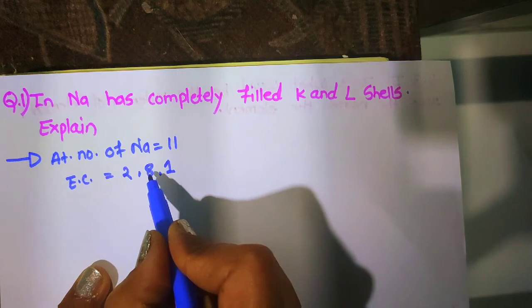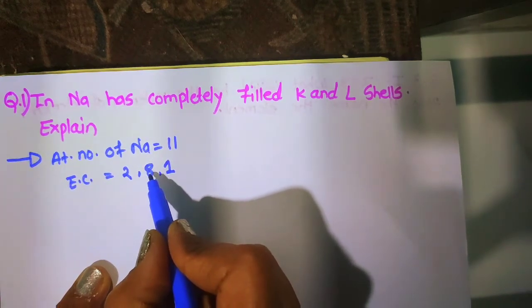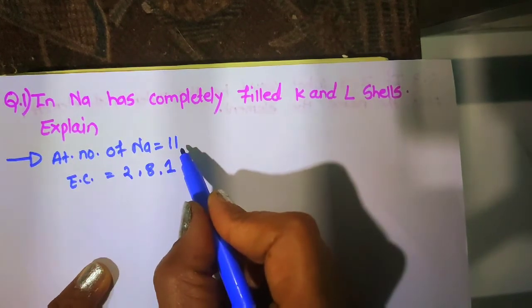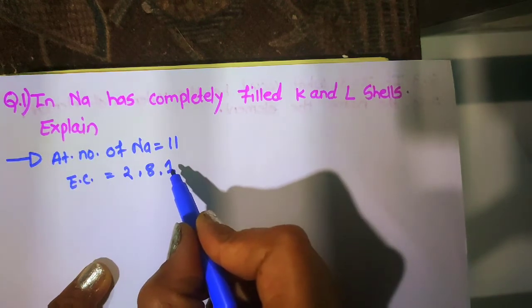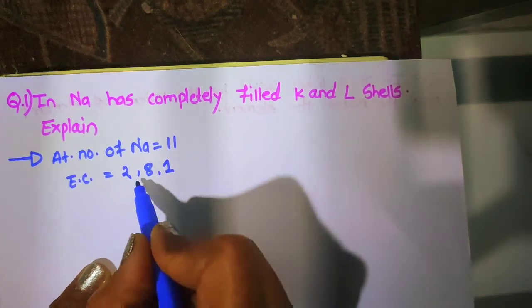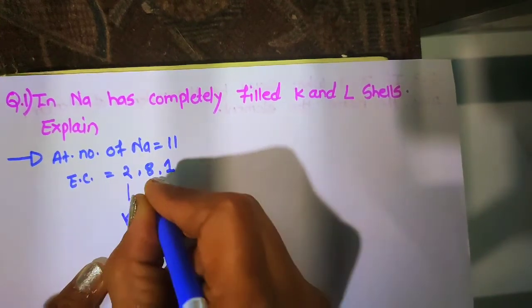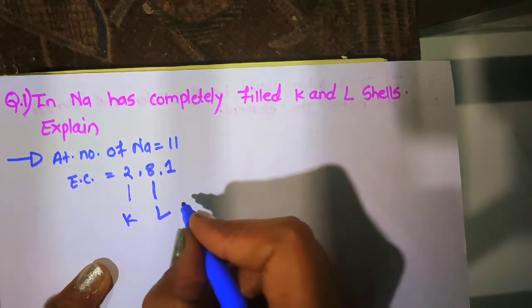Then the L shell has the capacity of 8 electrons, so 8 electrons will occupy there. 1 electron will be left with the sodium atom, and that 1 electron will occupy the M shell. So due to this, the K and L shells are filled in the sodium atom.